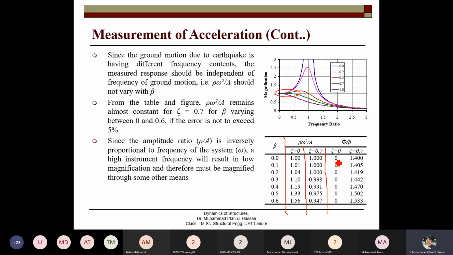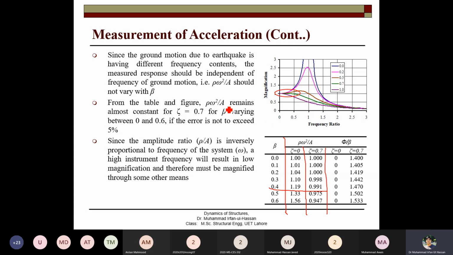All phase angles are 0, and for psi 0.7, the phase angles are the same. So it means that in the initial part from 0 to 0.6, 0.5 you can say, 0.4, the values are closer and closer to 1, and rho omega square over A almost remains constant.